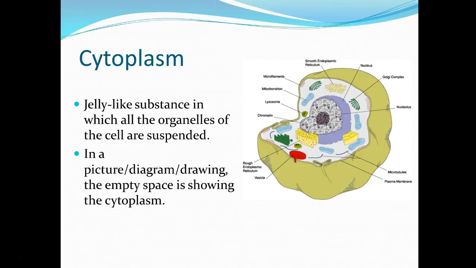Cytoplasm, again, is that clear jelly-like substance that is filling all the cell, and everything inside the cell floats in the cytoplasm. So anywhere in a picture or a diagram of a cell that you point to an empty space like this right here, or this right here, or right here, that would all be considered cytoplasm.